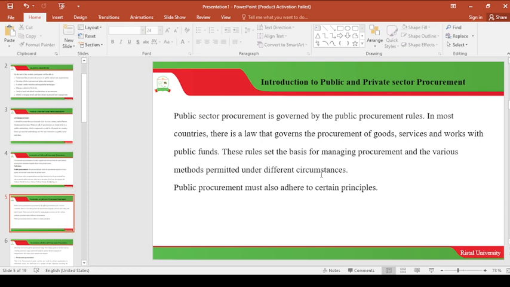Public procurement must also adhere to certain principles, for example, the principle of fairness, transparency, impartiality, accountability and integrity. All these principles guide the public procurement activities. These principles aim at obtaining value for money.